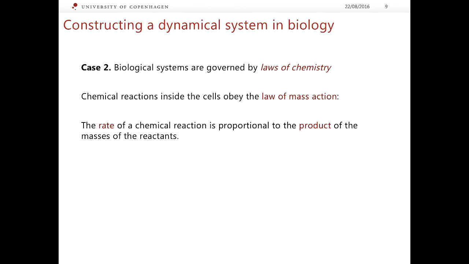Suppose we are considering a chemical reaction which involves several chemicals, several reactants, as we call them. The rate of a chemical reaction is said to be proportional to the product of the masses of the reactants involved. This is a very non-trivial statement, by the way, but this is a statement remarkably well supported by experiment.